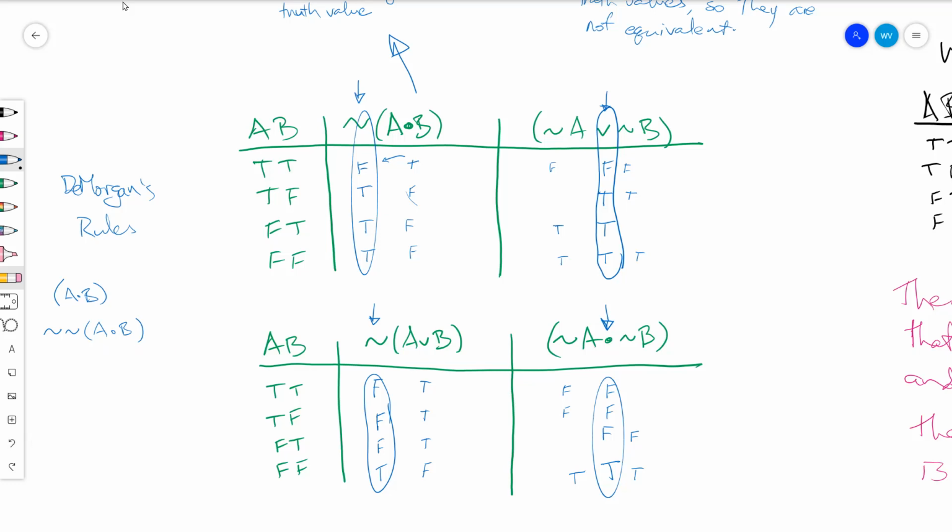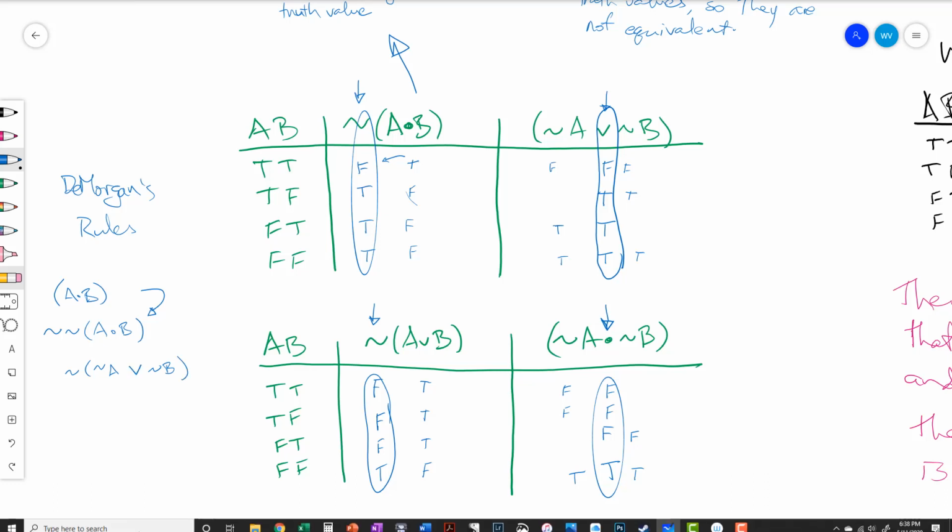For our purposes, what I want to just show you is that if you start from this sentence A and B, that's really equivalent to not not (A and B). And then you can take one of those negations and apply it inside the parentheses. Right? So you get rid of the one outside, and then you apply it to the first sentence, so you get not A instead of A. You apply it to the second sentence to get not B, and then you change the conjunction to a disjunction.